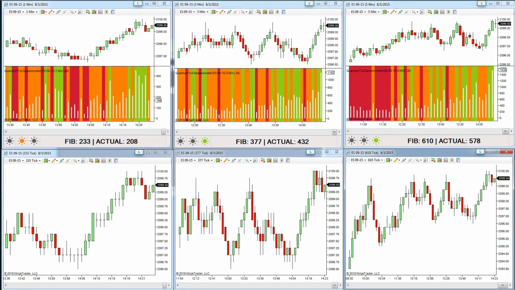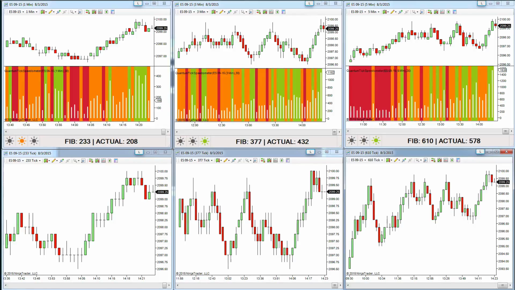The trading risk is massive. If you're trading at the speed, at the momentum of the market, setting your tick charts correctly, you are trading with the market. You are trading at the speed of the market.